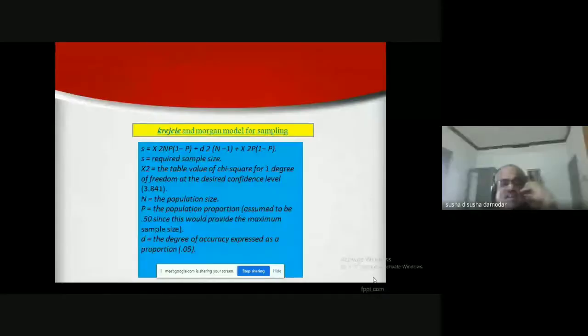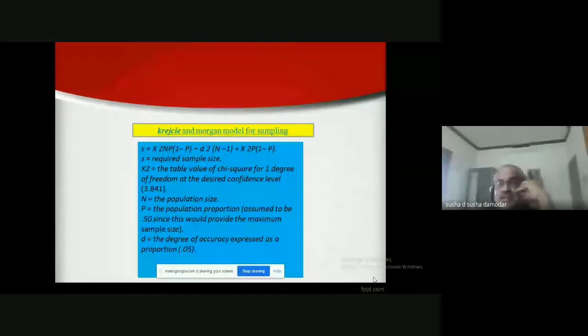See, another formula. This is also good. The required sample size: N P into 1 minus P divided by D square into N minus 1 plus chi square P into 1 minus P. This is also good, but there may be some controversy about how to calculate chi square.